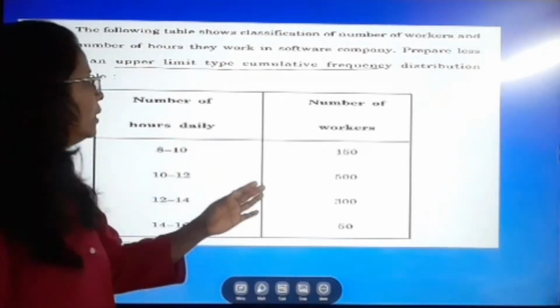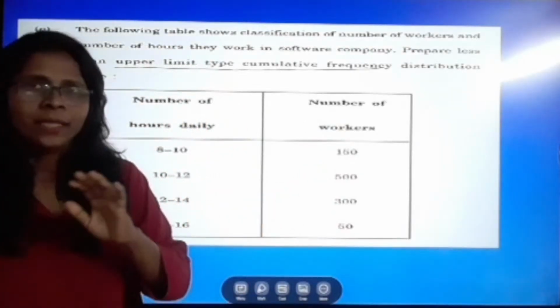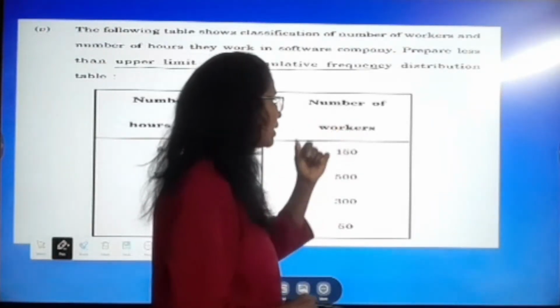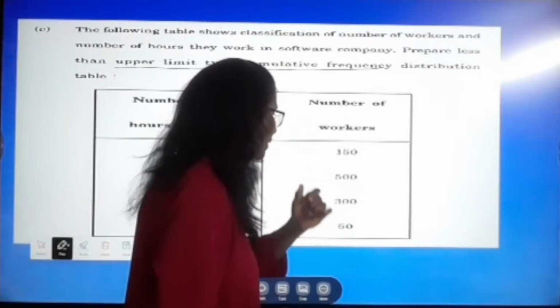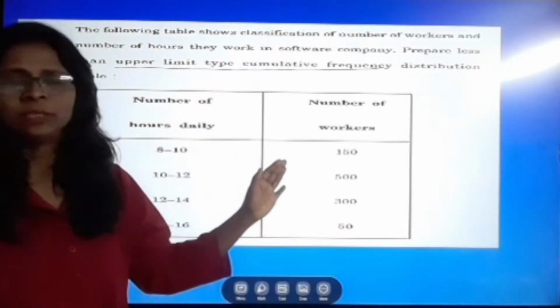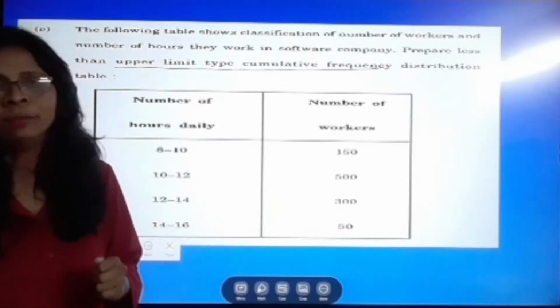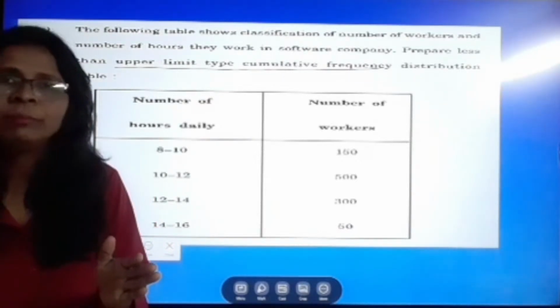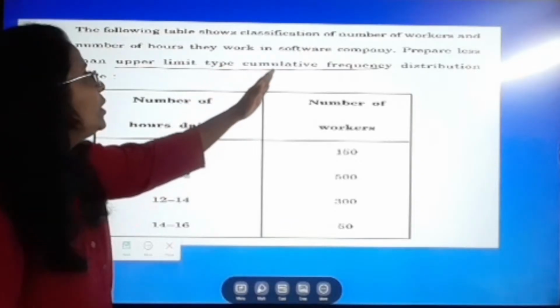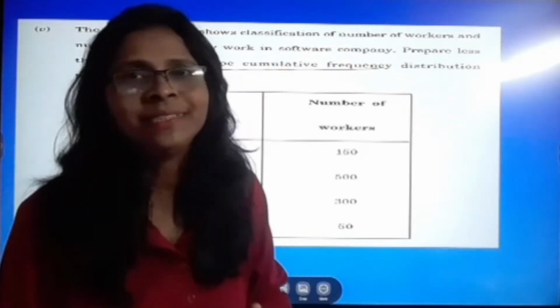Also write down column 2 as it is, that is the number of workers, 150, 500, 300, 50 respectively. And then you make the third column, which will be for the cumulative frequency of the upper limit type.